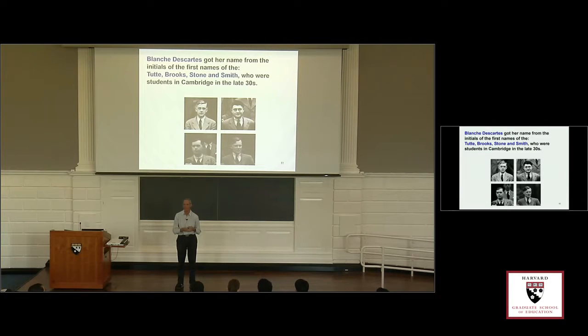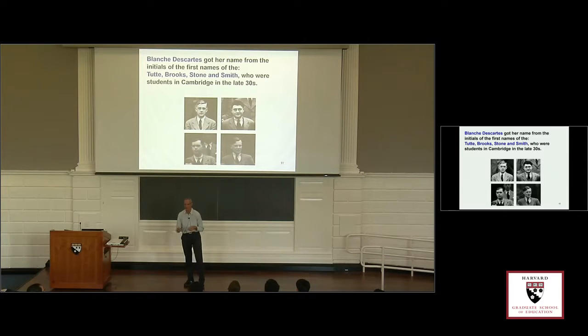You see here pictures of all of them. So the B is Bill Tutte, the L is from Leonard Brooks, A is from Arthur Stone, and C is from Cedric Smith. So this gave Blanche, and then she got her last name because of the common phrase carte blanche.